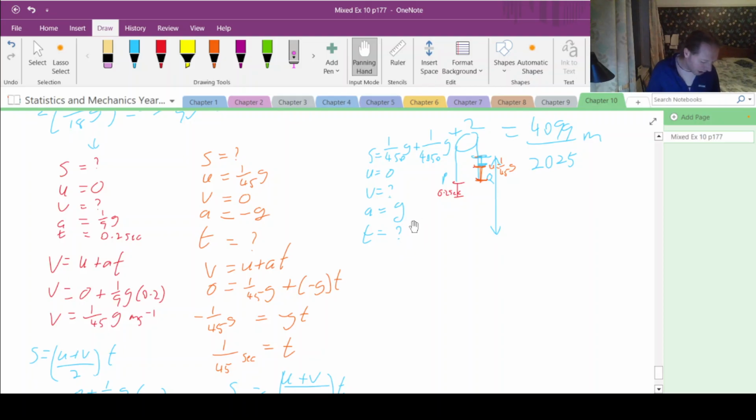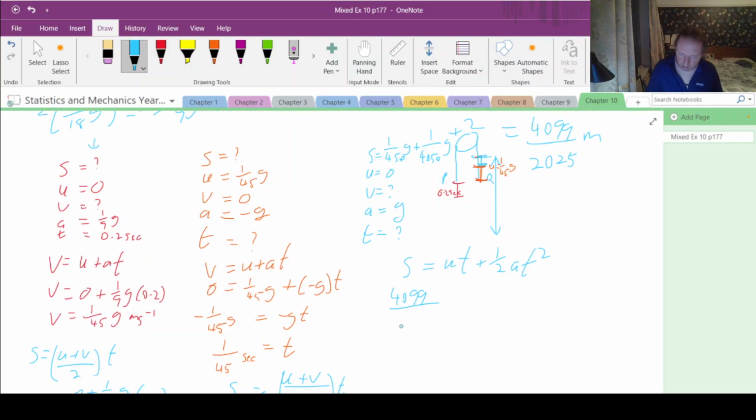No final velocity is S, which is such a nice number for us, equals UT plus a half at squared. So S, 4099 over 2025, is equal to 0 times t plus a half times g times t squared.